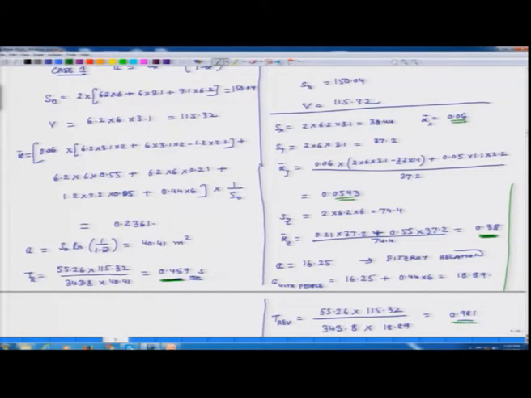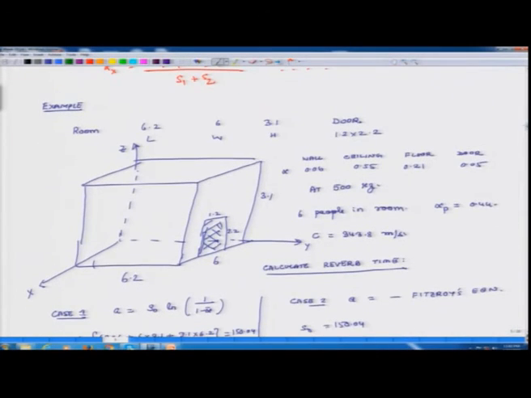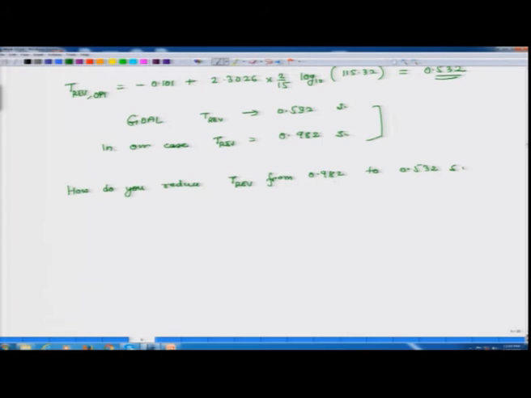So, if I can use the appropriate material on these 4 walls, so this is y, this is x. So, on the 4 walls, if I somehow use more sound absorbing material, then I should be able to reduce this 0.982 to 0.532.